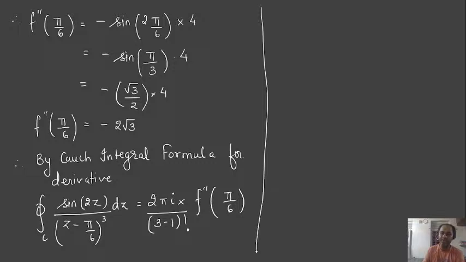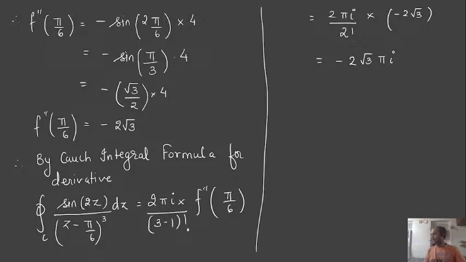So we substitute all that, and here we will get 2 pi i multiplied by minus 2 root 3, divided by 2 factorial. This is the answer we get. So that is minus 2 root 3 pi i is the answer.